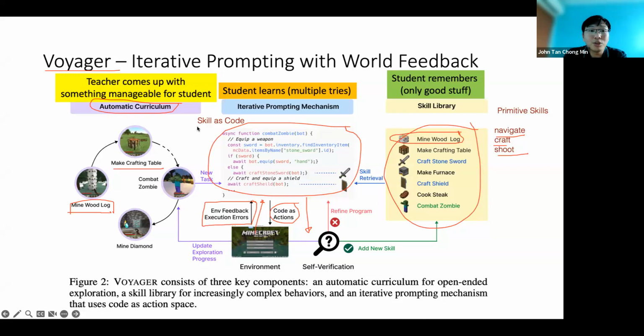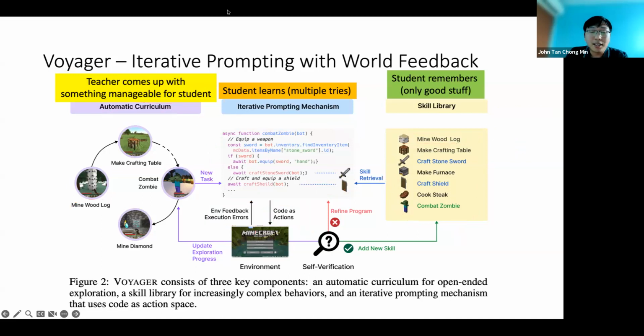But you will get better code because it's now grounded to the environment. The environment will give you the feedback, either a compile error, or why the task is not done properly, and that will be the feedback they can use to recraft your code again. So when I did the ARC challenge, I also used this kind of framework to generate better code to solve the ARC challenge.